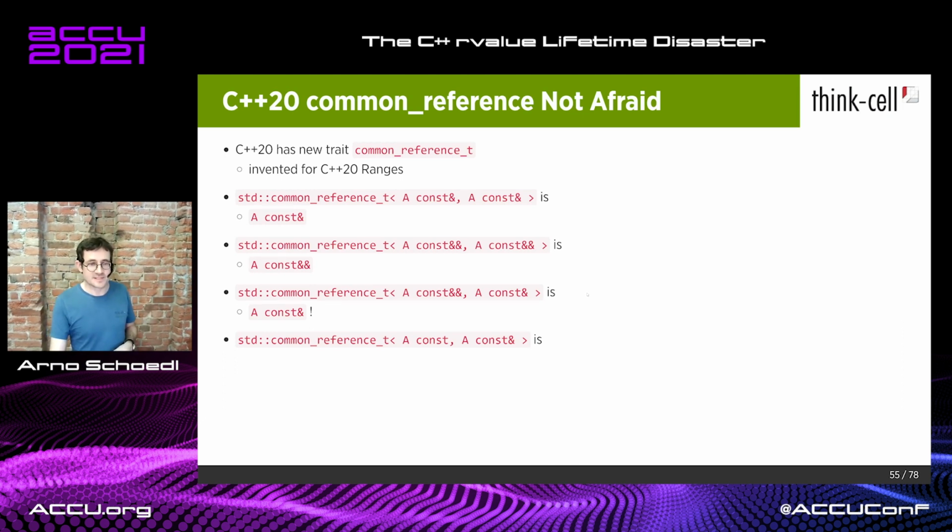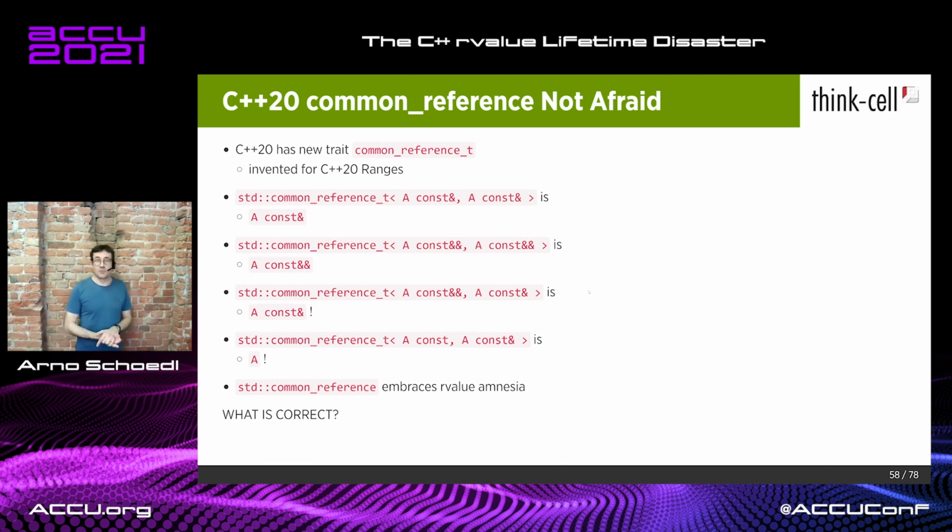It forgets the rvalueness. So let's do the same thing with values. You have an a const and an a const ref. Well, then it's actually an a. So there it makes a distinction. The common reference makes a distinction between references, rvalue references, and values. Yes, so common reference really loves rvalue amnesia.